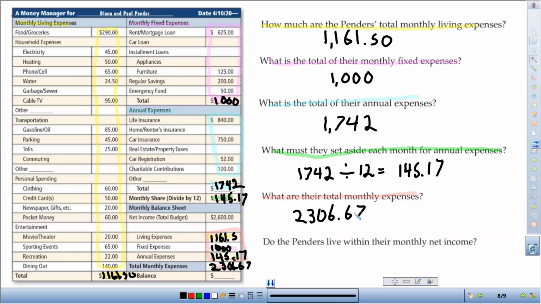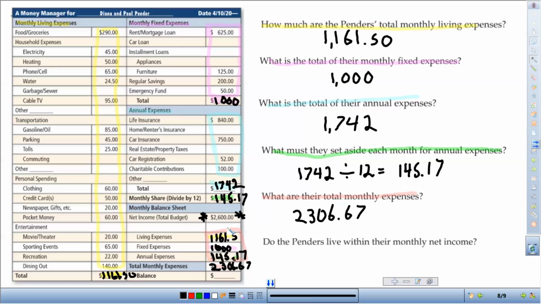So $2,306.67. Do the Penders live within their monthly net income? Well, we have their monthly net income right here. So this is how much money they bring in each month. They bring in $2,600, but they're only spending $2,306. And so this balance is you subtract those.